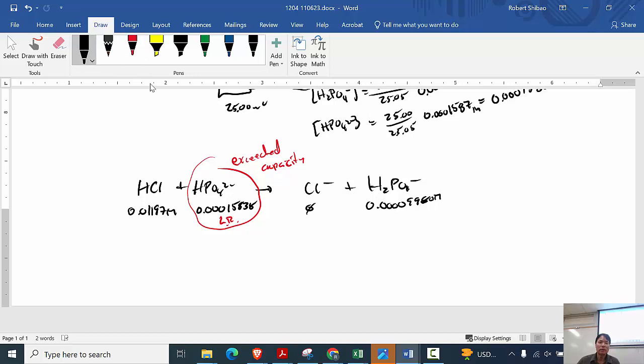And in fact, what we're going to end up with is a more significant pH change here. So if I set up my ice table, again, the limiting reagent goes to 0 molar, and we're going to lose 0.00015838.